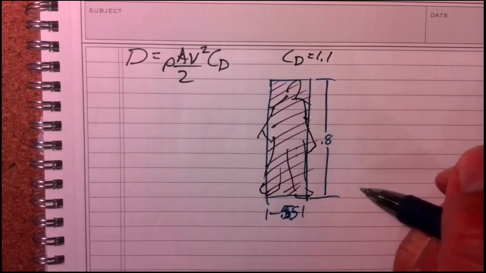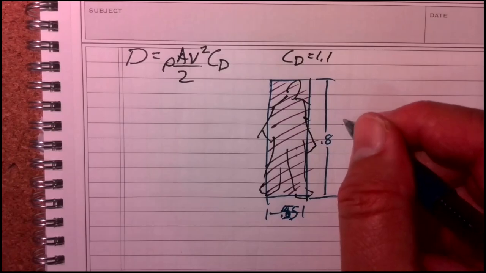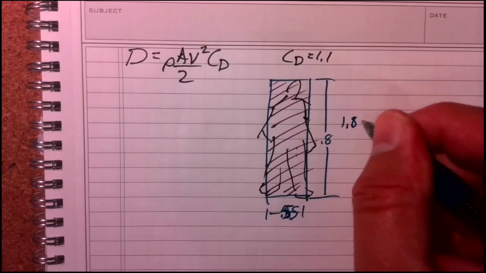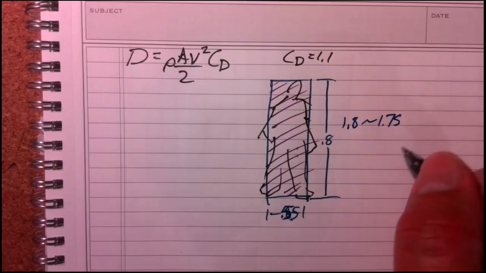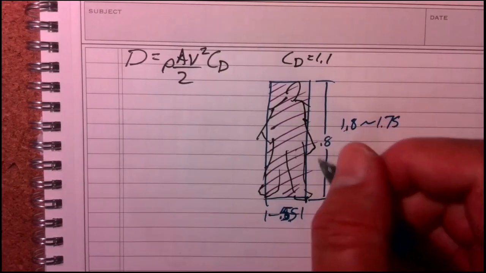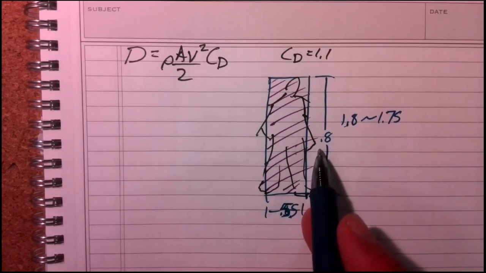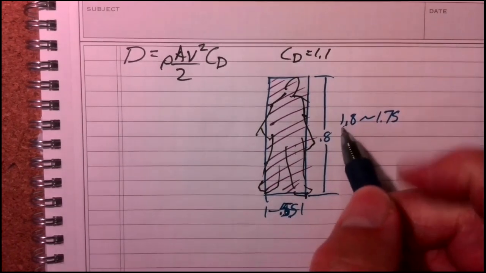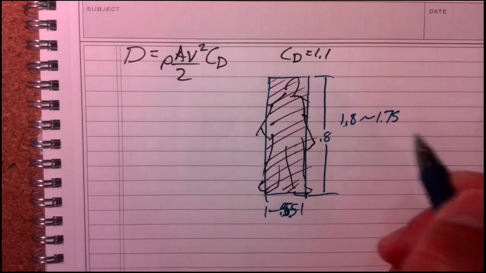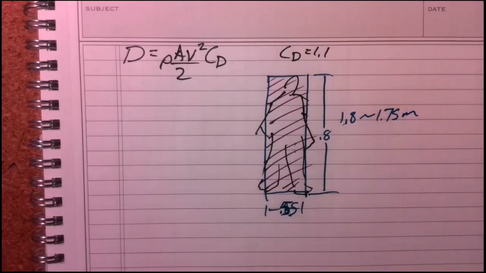No, I'm actually 1.8, or actually the tape measure says 1.75 meters. So not 0.8. I was wondering why my width was so close to my height. That was a little bit off, but the tape measure says I'm 1.75 meters, so we're going to go with that. All right, so I've got my area now.